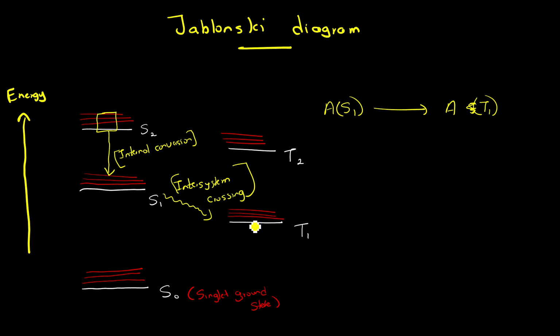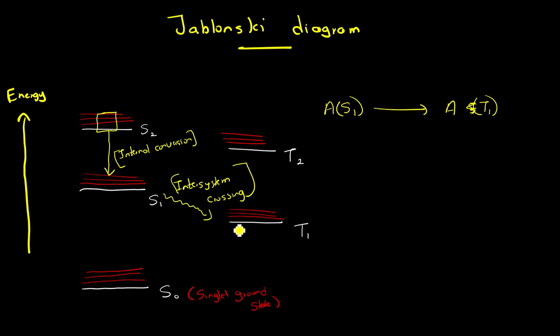And another thing, from our basic spectroscopic knowledge, the direct transition between S0 and T1 is forbidden, because there is a spin change between S0 and T1. So we call it a forbidden transition. But when it comes to practical aspects, there is a small fraction of molecules transiting from S0 to T1.